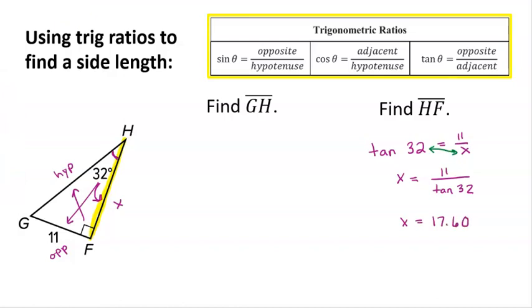And I just want to remind you that if you're not feeling super comfortable about using your handheld calculator for these trig ratios, you can still use your on-screen calculator, which is the same as your Desmos scientific calculator. If you're not feeling super confident using your handheld, just use the on-screen calculator.